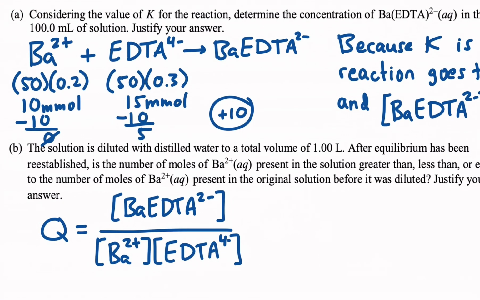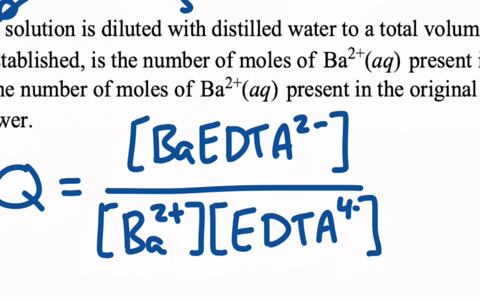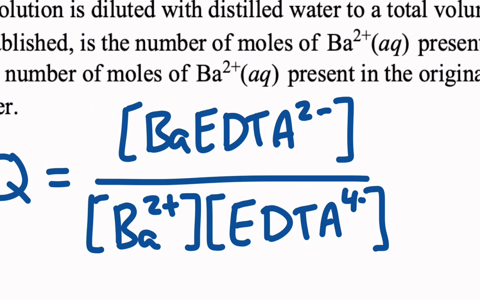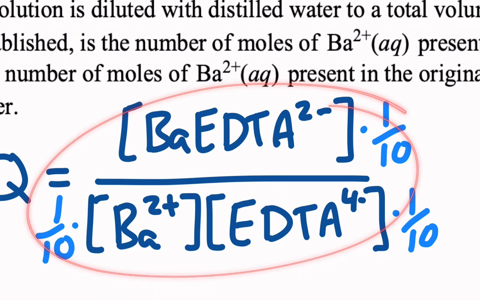Now we diluted it from 100 milliliters to a liter. So every single molarity was diluted, so every single molarity was cut tenfold. So I'm going to put times a tenth next to every single one of these expressions. That's actually what happens. That's our Q expression.